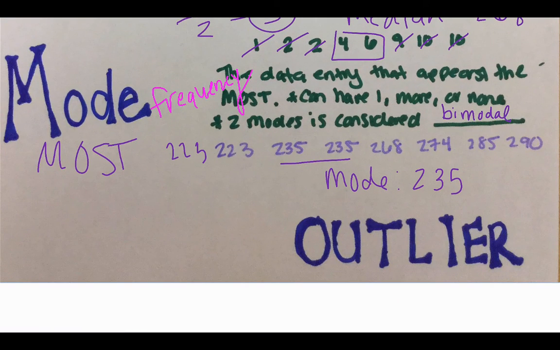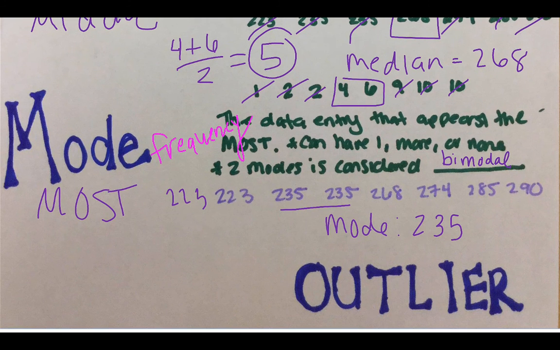I did want to quickly discuss an outlier. So let's go ahead and come up with a definition for that. So an outlier is a data entry or multiple entries that is removed from the other entries in the data set. Some are valid and some should be removed. And basically what we're going to be doing is looking for gaps in our data.